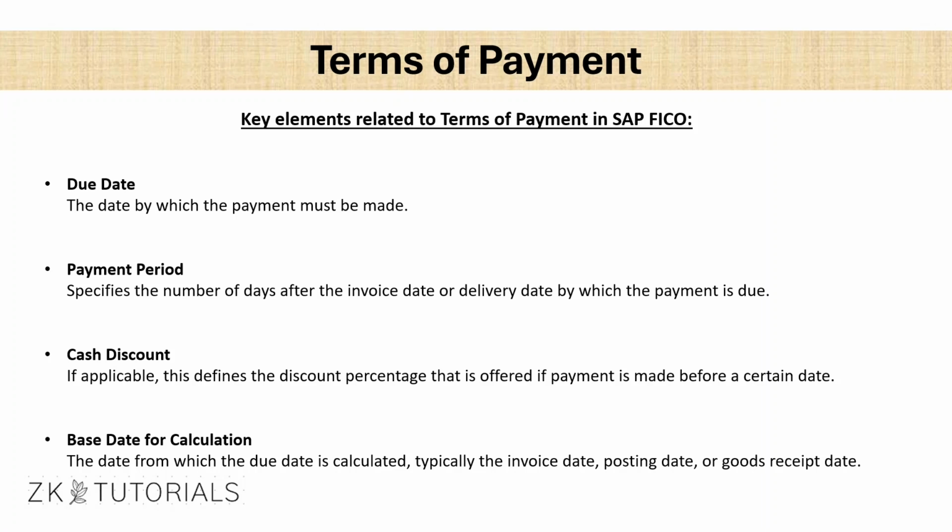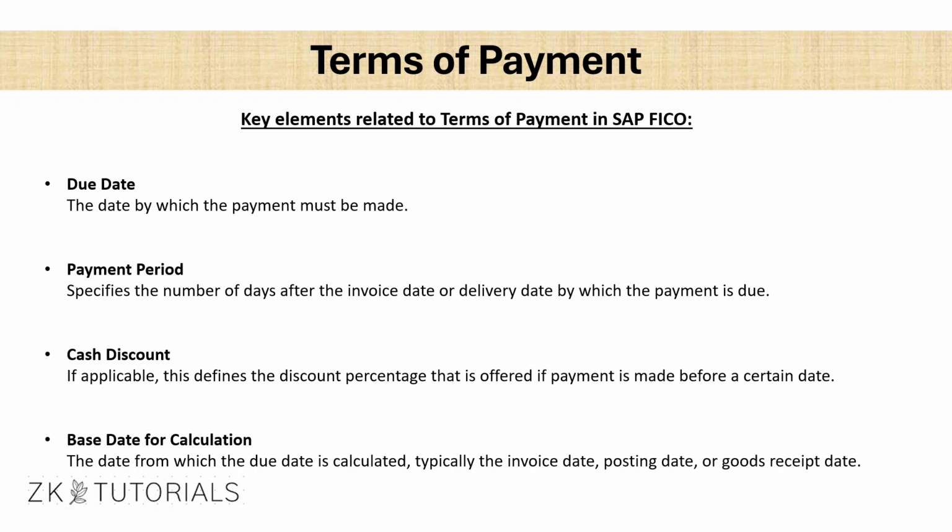If the customer pays before the 30th day, say within 10 days, we'll give some cash discount. If you pay on any day before the due date, that means before 30 days, we will give some cash discount terms. For example, if he pays within 10 days, we'll give him 5% of the invoice as a cash discount.